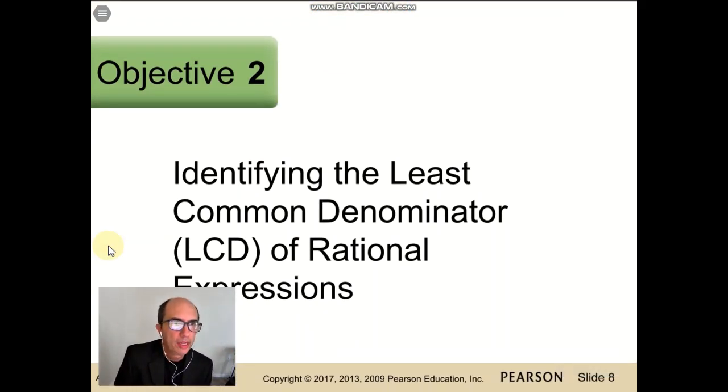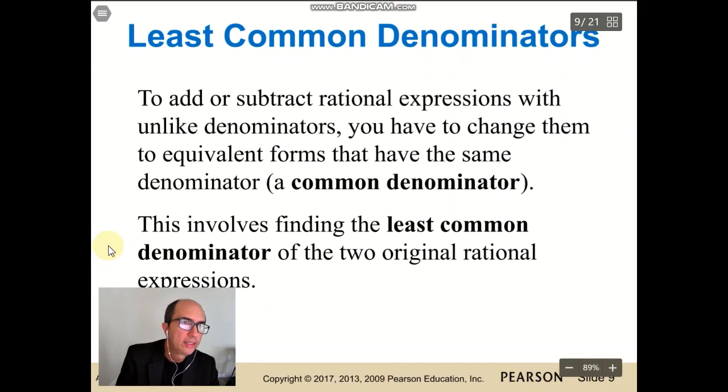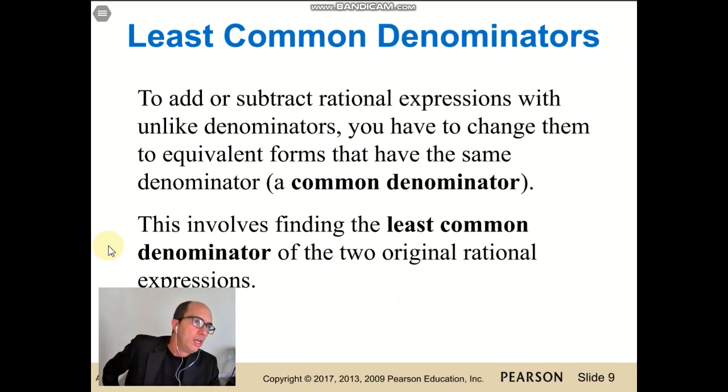Next objective, number 2, identifying the least common denominator, LCD, of rational expressions. To add or subtract rational expressions with unlike denominators, you have to change them to equivalent forms that have the same denominator, a common denominator.